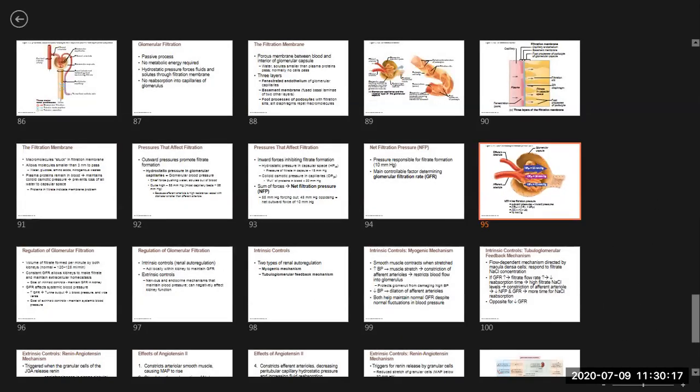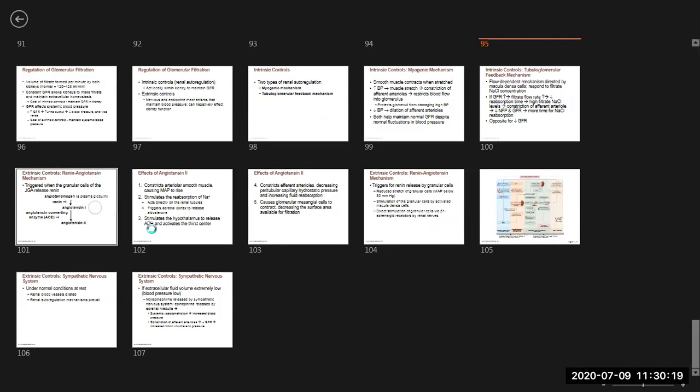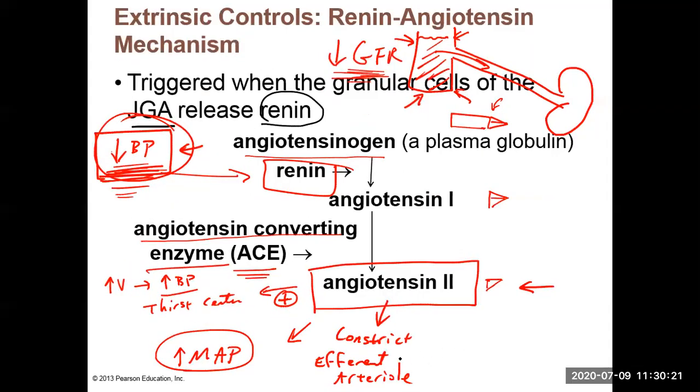Next, where the GFR is important. So far, three mechanisms: increasing the MAP by vasoconstricting, vasoconstricting the efferent arteriole so now there's more flow, and also the influencing of the thirst center.